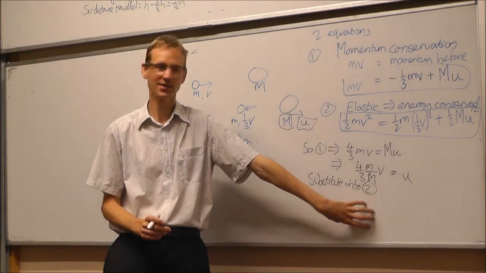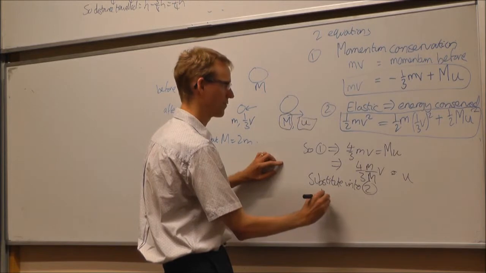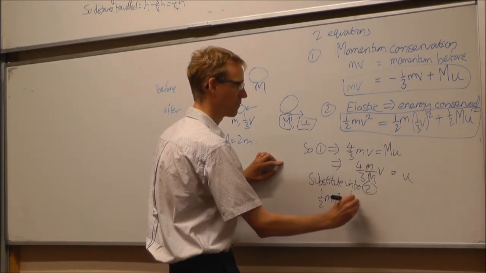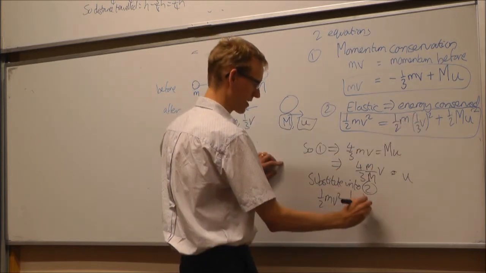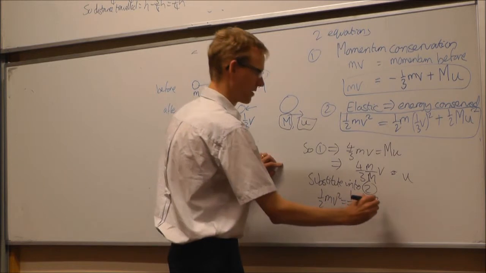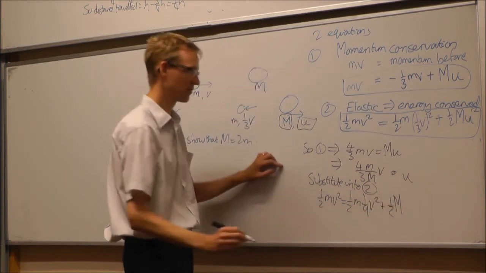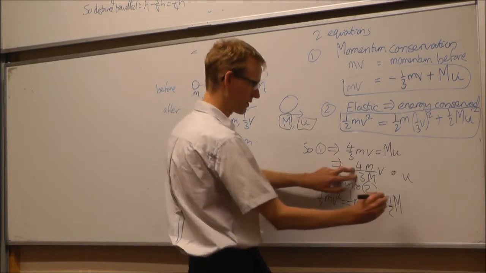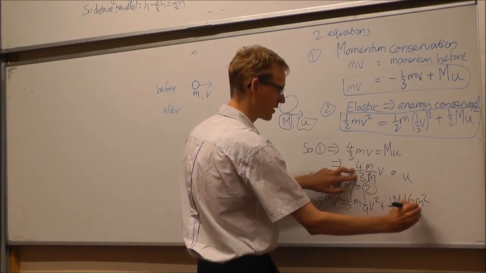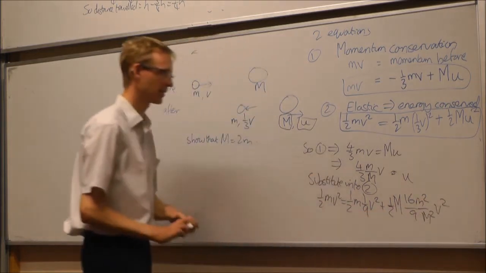Substitute that into 2. So we've got half mv squared equals half m times a ninth v squared, plus half capital M times u squared, so that's 4/3 squared, which will be 16/9 m squared over capital M squared times v squared.